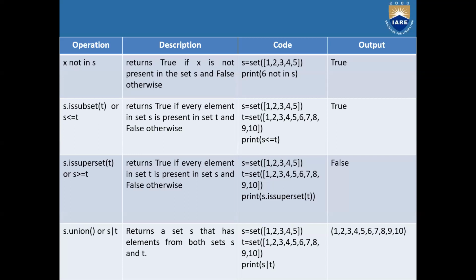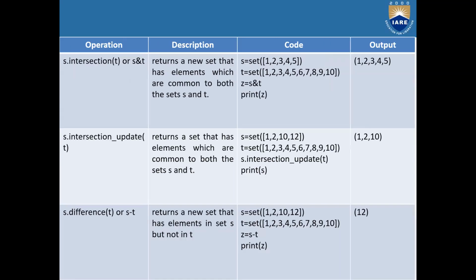Next we are having is union. Union, what it does? Let us consider two sets S and T. If we are performing union operation on it, it returns a set that has elements from both sets S and T. Then what does intersection do?